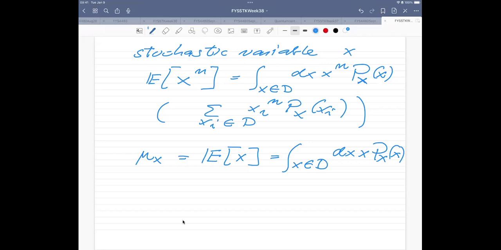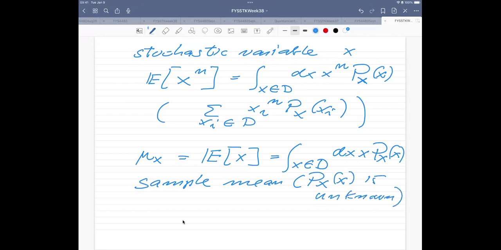What we end up doing then is to calculate the sample mean, or the sample expectation value, and that is because p of x is unknown. In that case, I'm going to write this quantity as mu of x with a bar on top of it, and that is simply 1 divided by n times the sum from i equal 1 up to n of x_i.